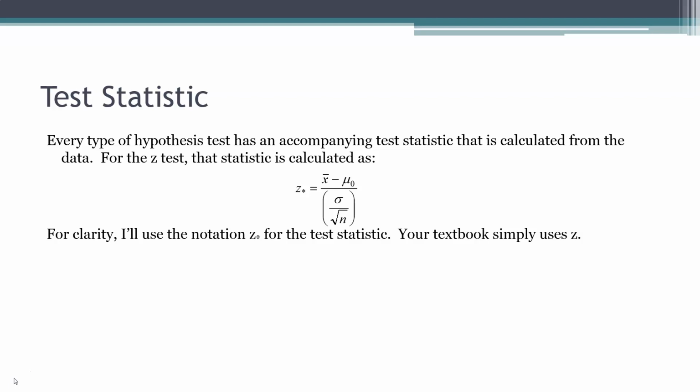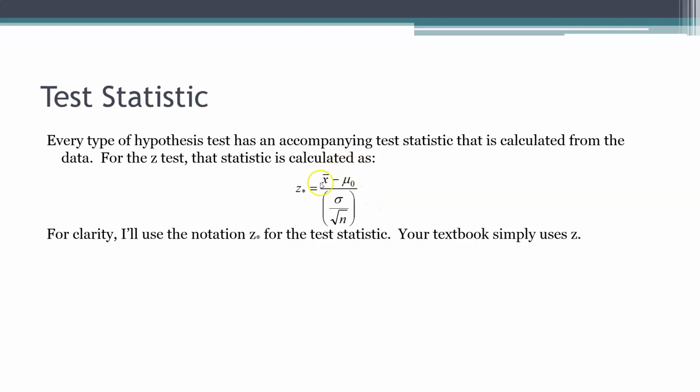So moving on to the second step of hypothesis testing, we're going to talk about how to calculate the test statistic. All of the hypothesis tests that we're going to do have a test statistic and a p-value. For the z-test, this is the formula for our test statistic. And if this looks familiar from the central limit theorem, it's because that's what's going on in the background here.